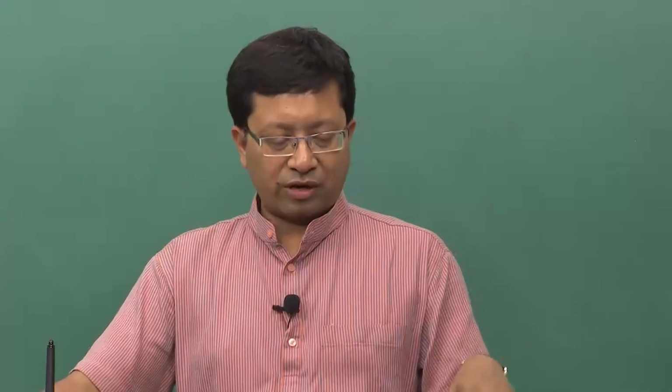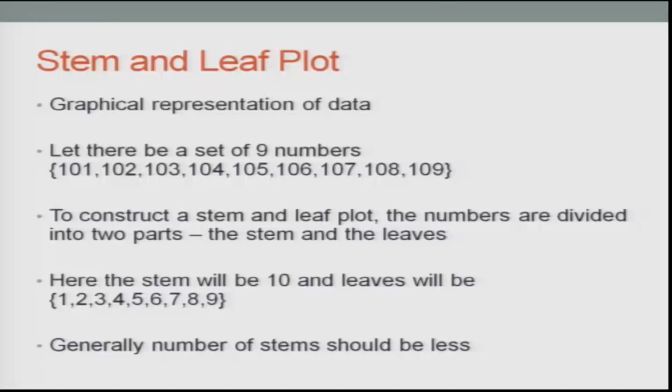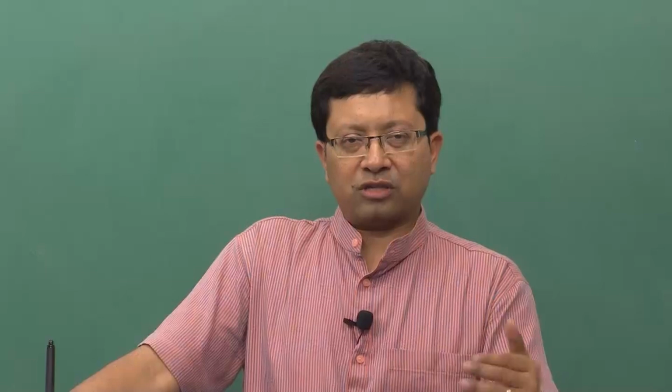The numbers 1, 0 are common for all the 9 numbers, so we will consider them as the main stem, and the leaves would be the adjoining numbers after 10, which make the sequence of numbers.